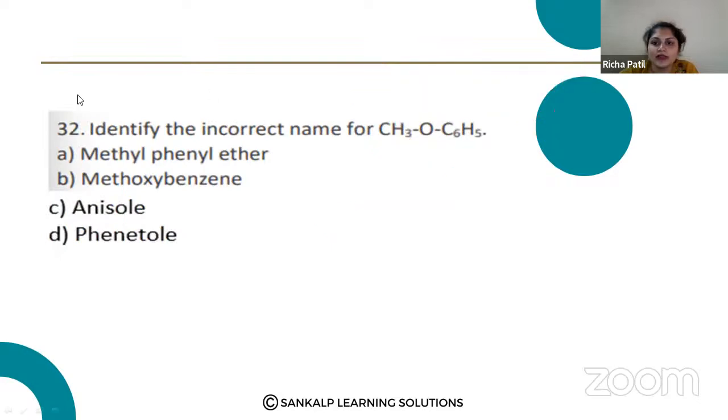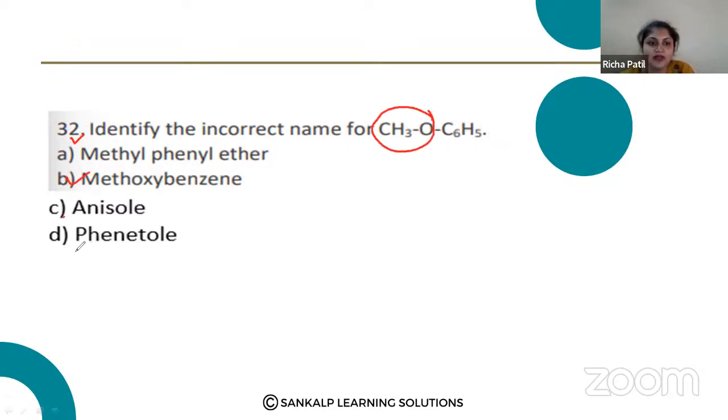Next we'll see this. What is the incorrect name for this? Methyl phenyl ether, so this is also correct. Methoxybenzene is also a correct name.